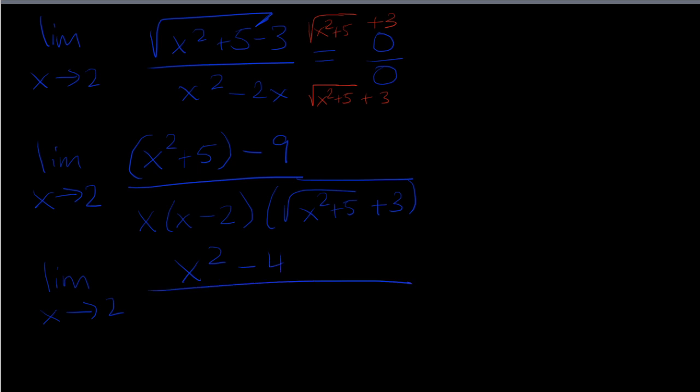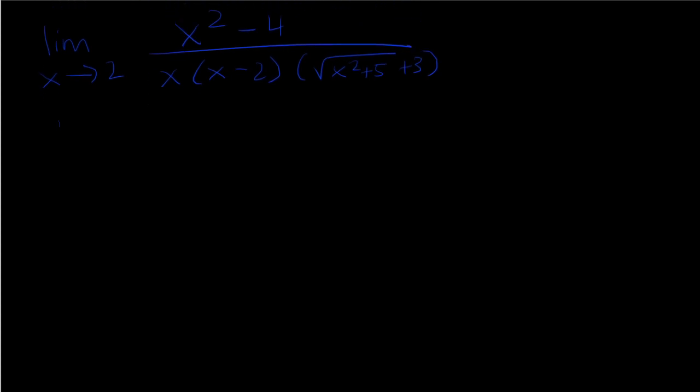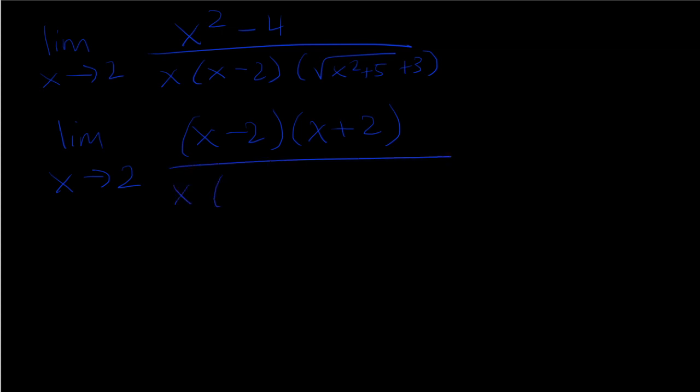The bottom is the same. I can factor x squared minus 4 as x minus 2 times x plus 2. And then the bottom is again the same.